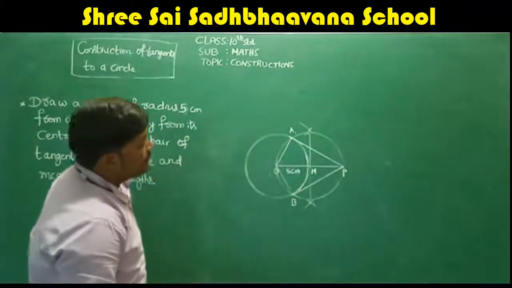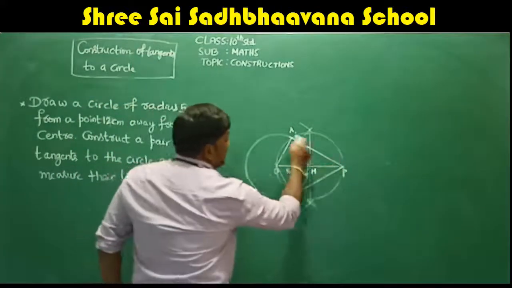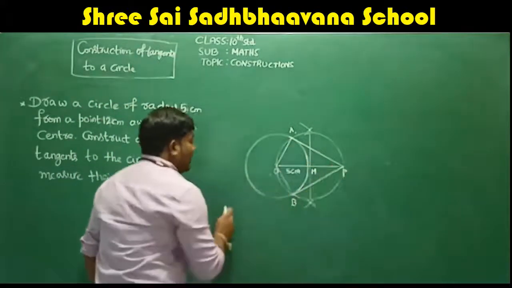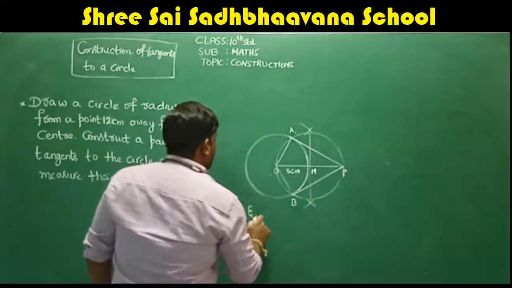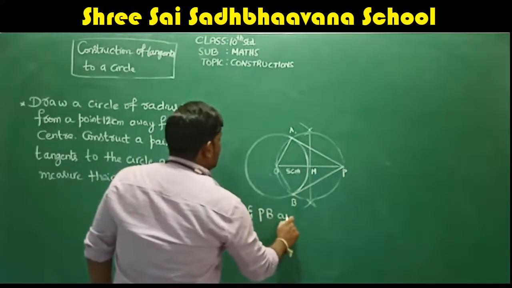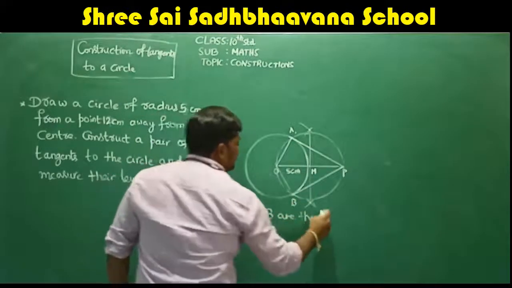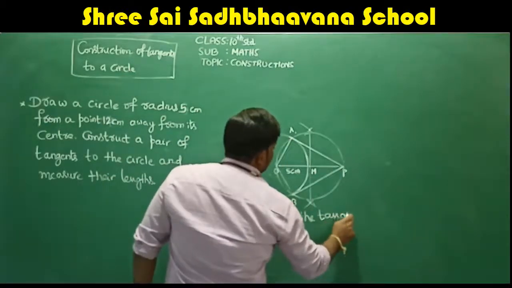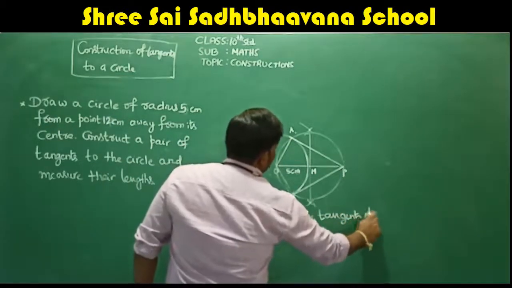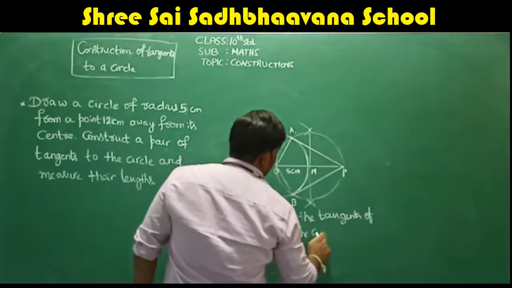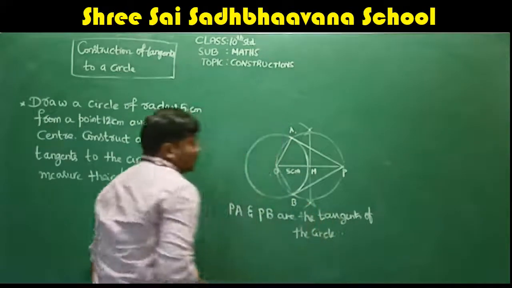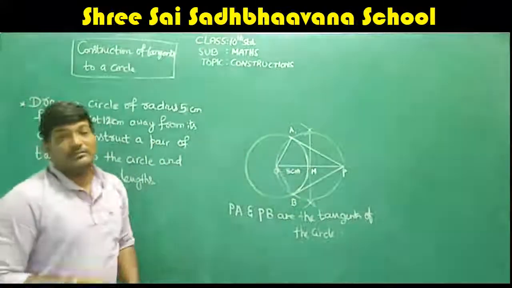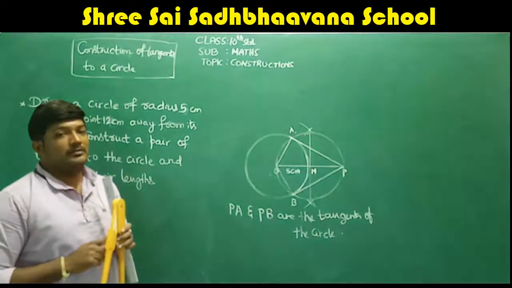After joining, join AP and PB. So PA and PB are the tangents of the circle. That's all. Our work is completed. It is very easy to construct.